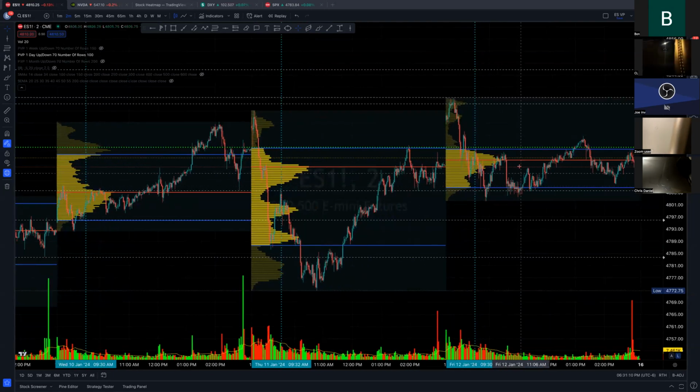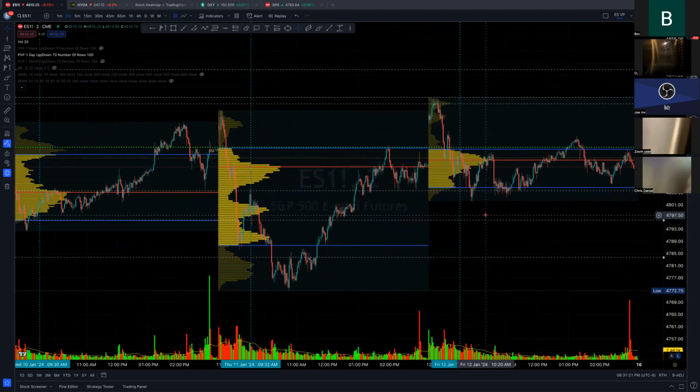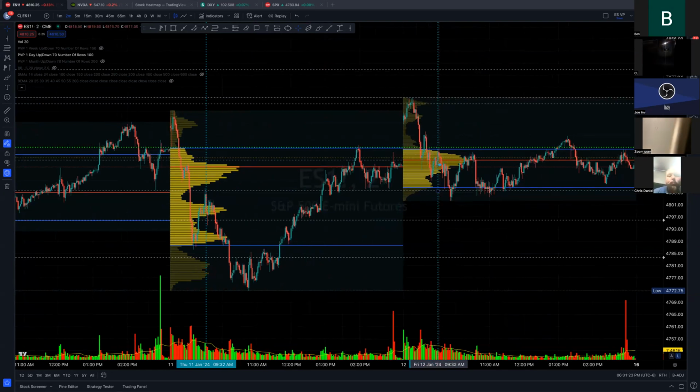And you can see how for most of the session, the moves to the downside were just much, much better than the moves to the upside. Look at these moves, just red, red, red, red. Yes, some chop here, and then just red, red, red, red, like completely red candles.